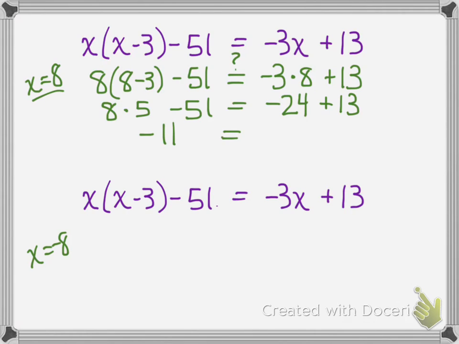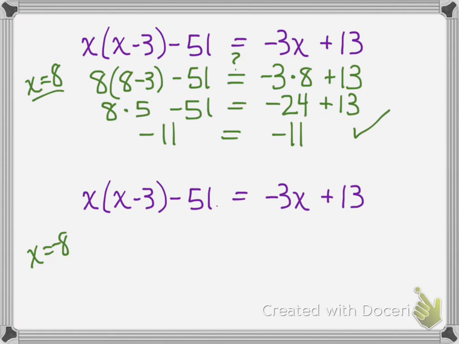And over here, negative 24 plus 13, we need to subtract, and it's going to be also a negative number, so negative 11 on that side of the equation. So x equals positive 8 checks out for that equation.